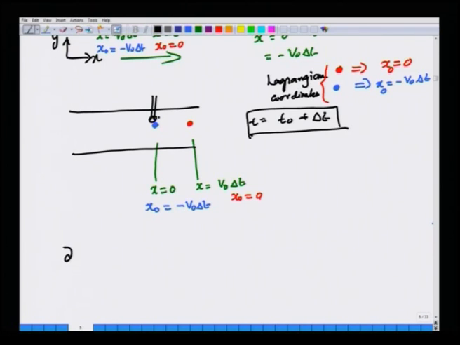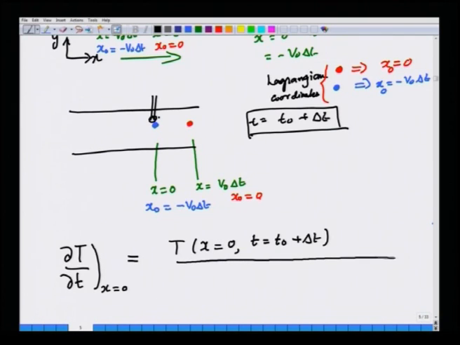what we will do by calculating the partial derivative of temperature with respect to time at x equal to 0, at the same location. What is this? This is from the fundamental definition of calculus. This is T at x equal to 0, time t0 plus delta t, minus T at x equal to 0, time t0, divided by delta t, in the limit as delta t goes to 0.